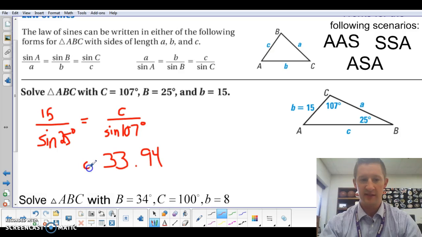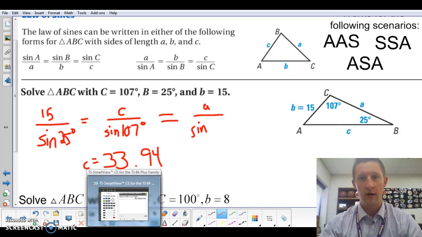33.94. That's side C. Now, to solve this triangle, I also have to find B. No, I know B. A. Ooh, I don't know A. And angle A. How am I going to find angle A? All the angles have to add up to 180, right? So, if I take 180 minus 107 minus 25, I should know what angle A is.